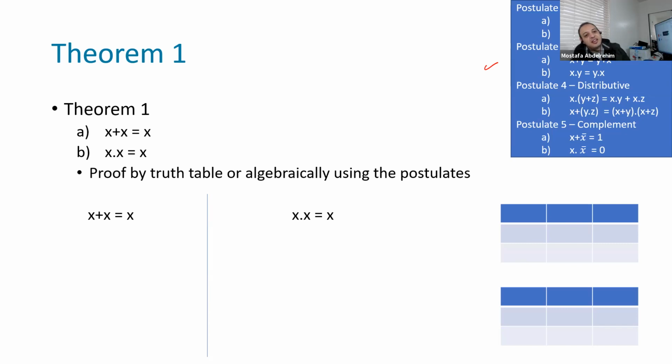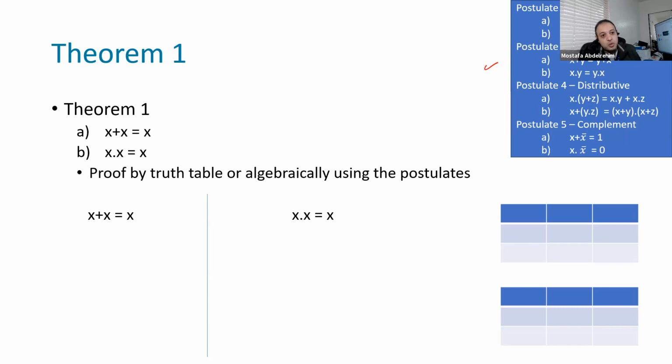So in the first part of lecture 3, we explored the basic axioms and postulates that we use in Boolean algebra. I'm showing you here all these postulates. They are very easy, or very intuitive, we can say.